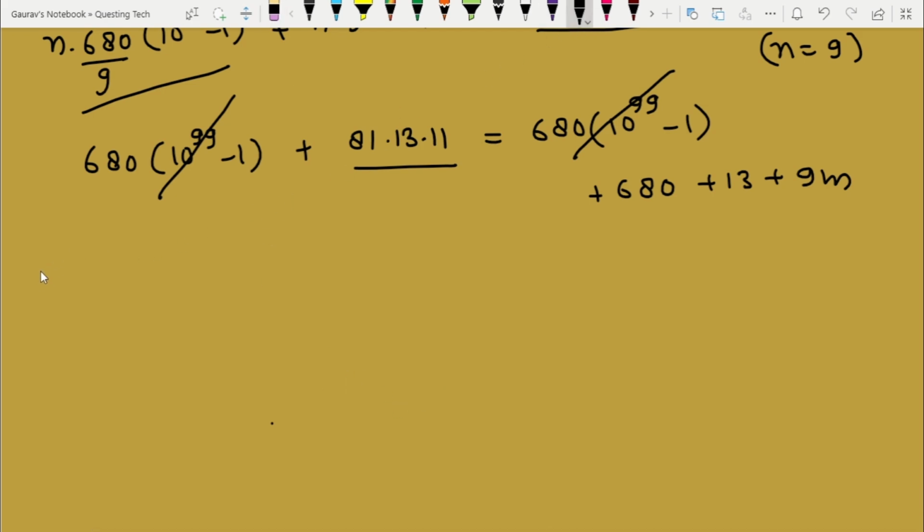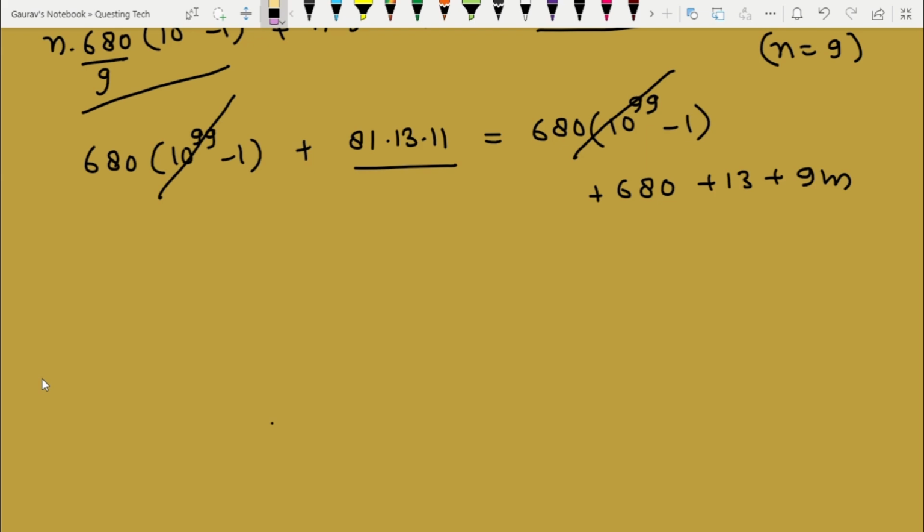81 multiplied by 11 is going to be 891. 891 multiplied by 13 is 11583. Or we can say we need to multiply these numbers, so can I just write them down after multiplication?